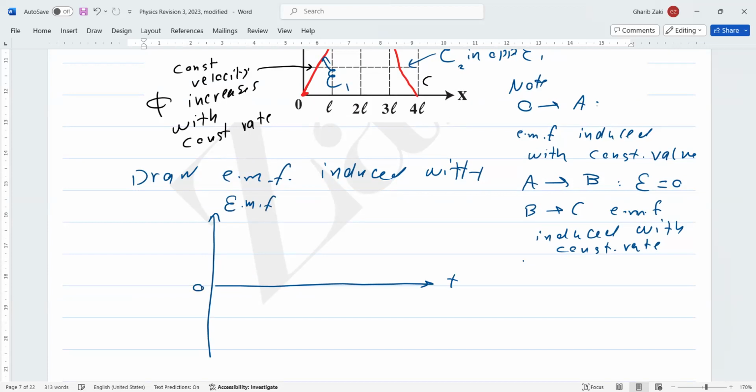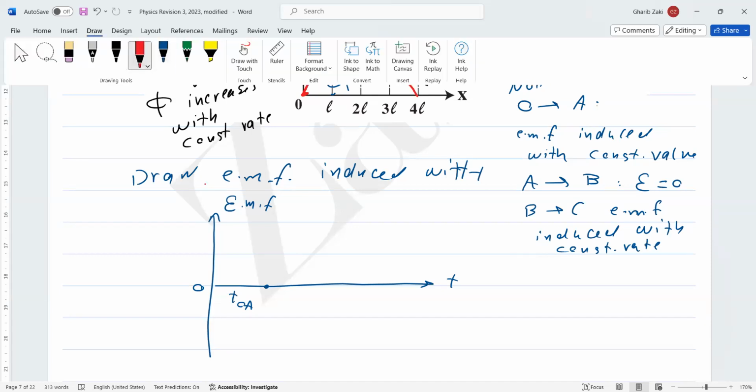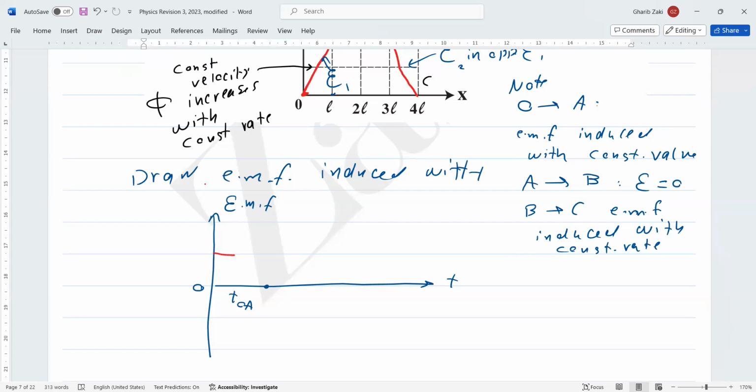From 0 to the time from O to A, the EMF is constant and it's maximum here. So this is the EMF.